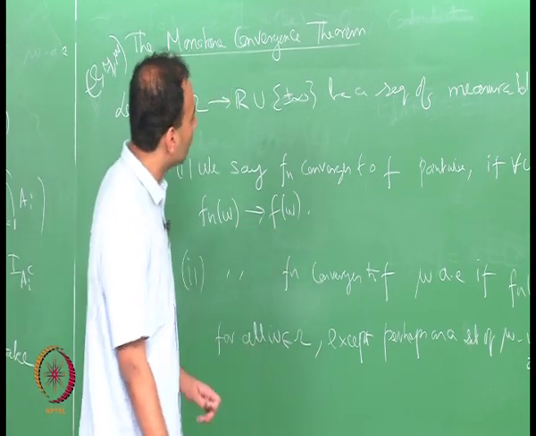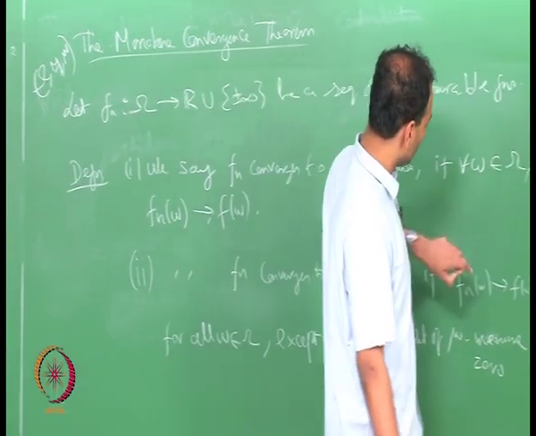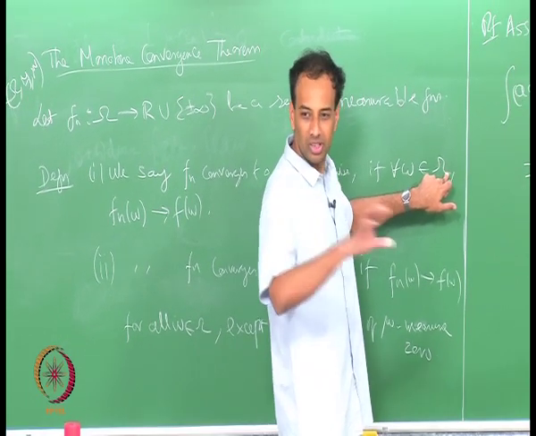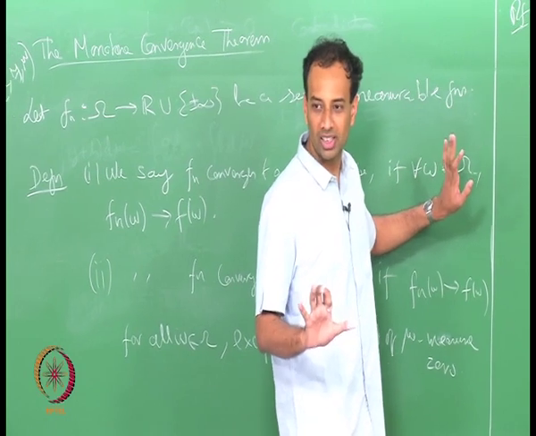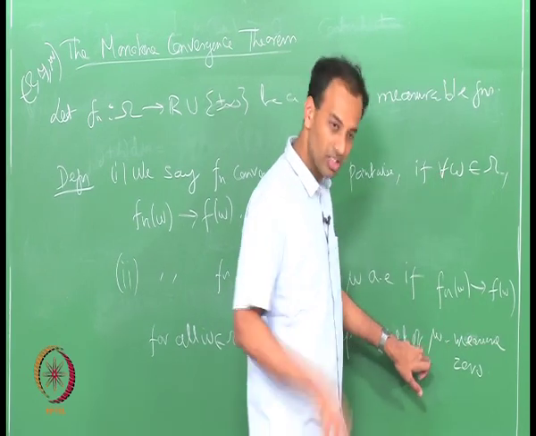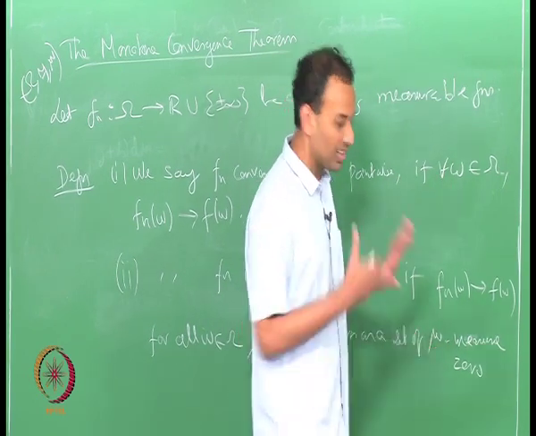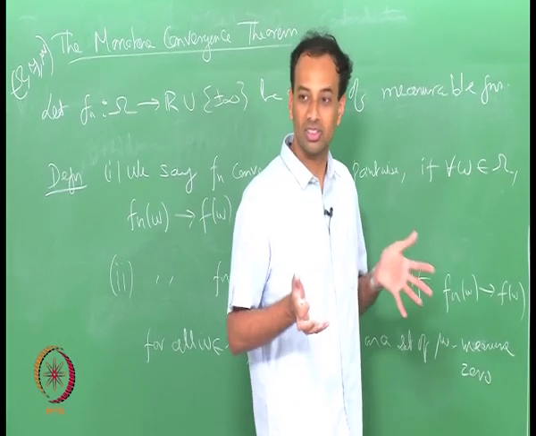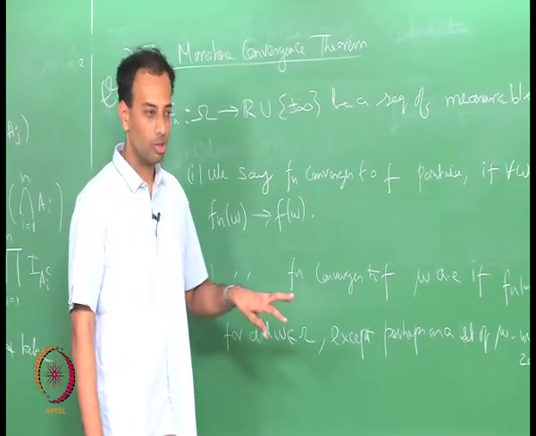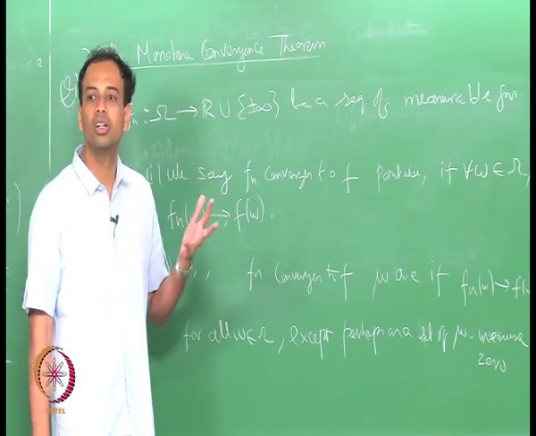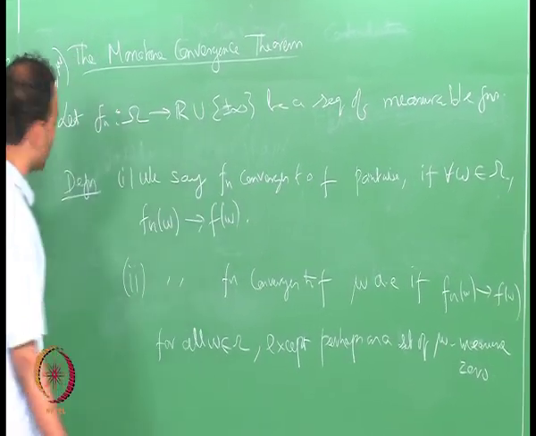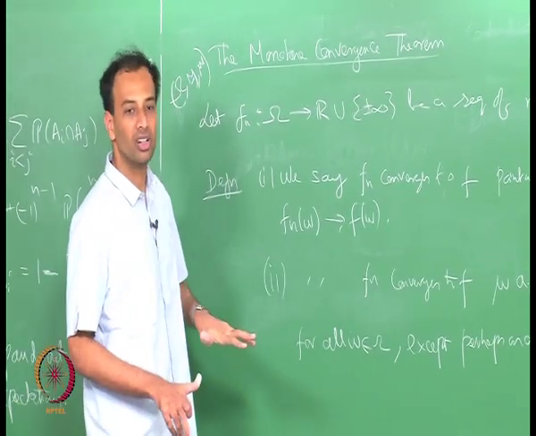Here you relax it: it is not true that for every omega it holds. There may be a countable set of omegas or some mu measure 0 set of omegas on which you may not have convergence. You can't quite say what f n of omega is doing on a 0 measure set, but outside that set you have convergence. In other words, there is a subset A of omega which has full mu measure where convergence happens.